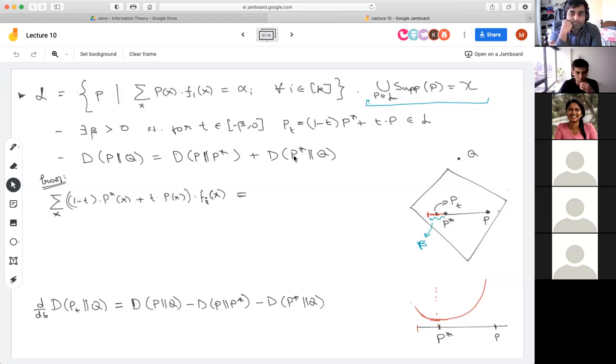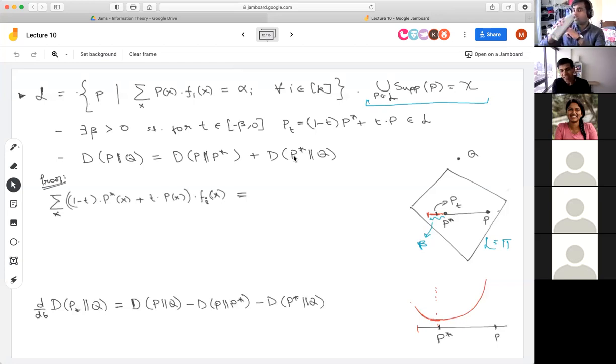Under this, we can prove the property that we wanted. In particular, I'll actually show two things. One, that P star is also in the inside of this collection of distributions L, which is now our pi.